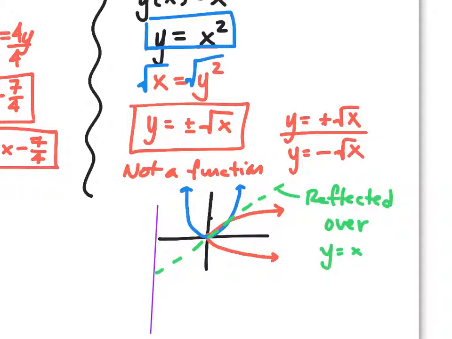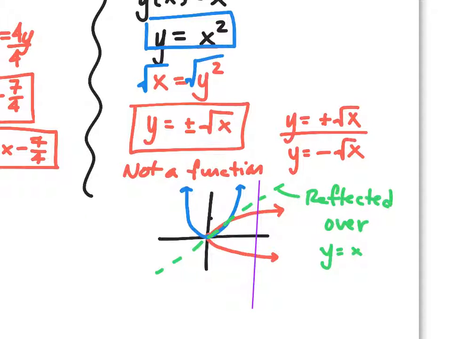If I have a vertical line here and I move that line over, it's only going to hit that function at one point. And so this is a function. Now I do the same thing for my inverse on the red graph. What I notice here is that this graph touches the vertical line at two different spots. Therefore, my inverse is not a function.